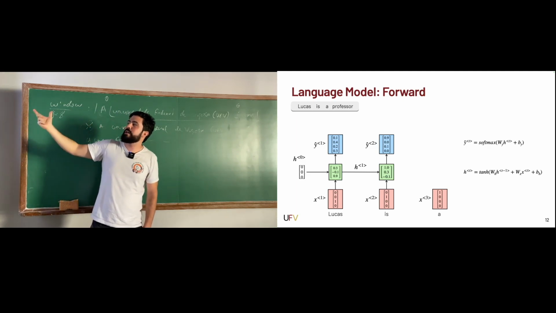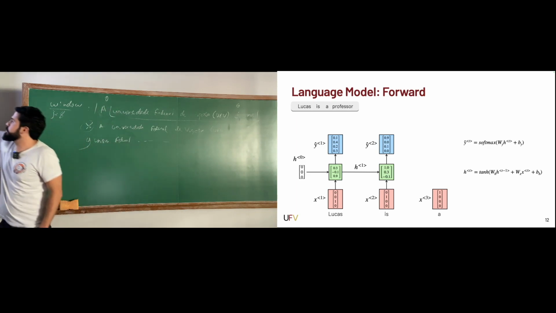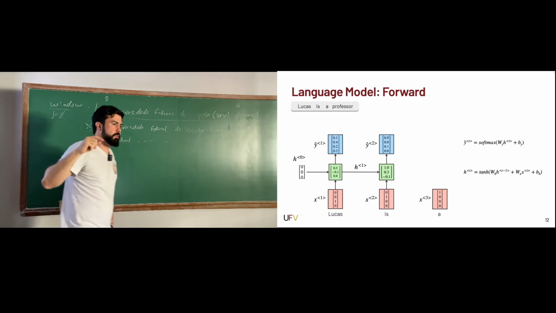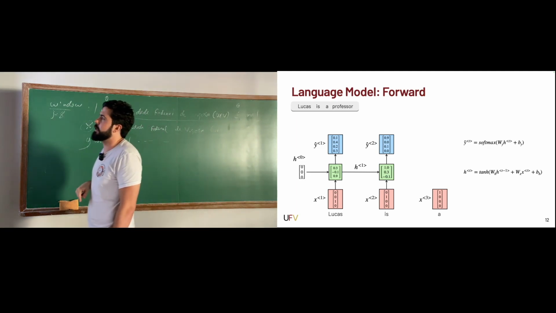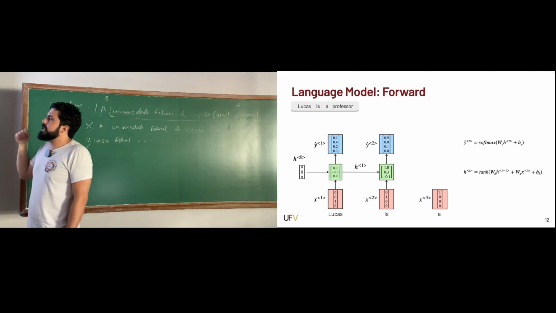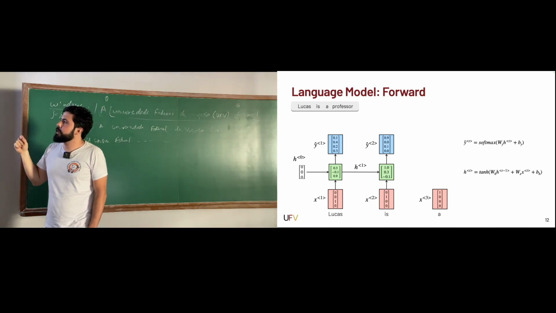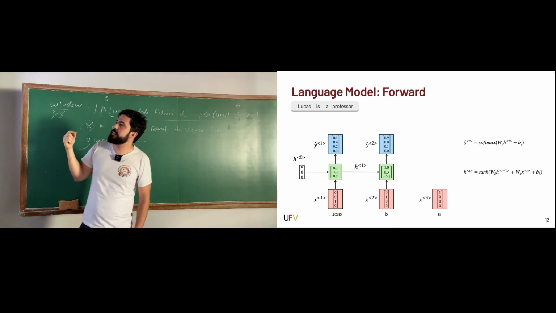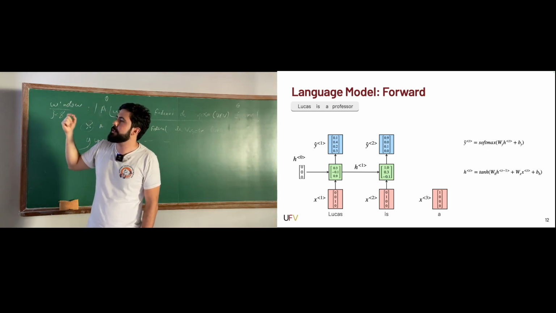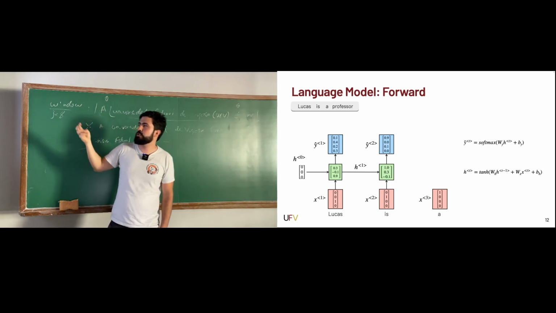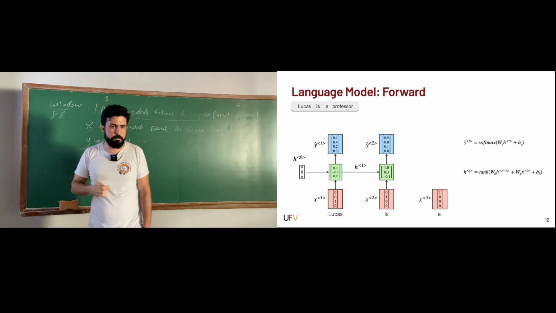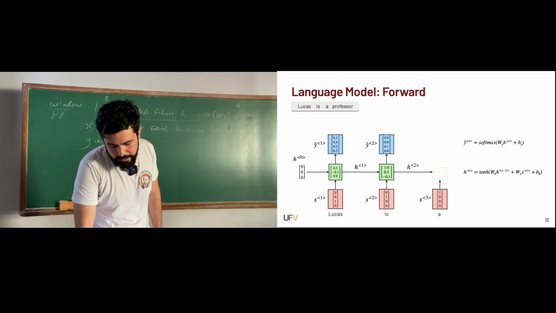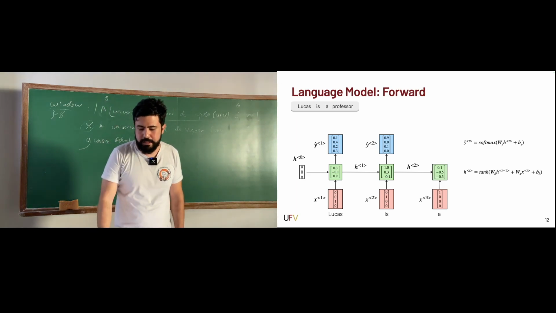Note the softmax activation function I'm using here. That is going to make a probability distribution over the vocabulary. Now, what that distribution is saying is that the model now thinks there is 0.9 probability for the word A, 0 probability for the word is, 0.1 probability for the word Lucas, and 0 probability for the word professor.